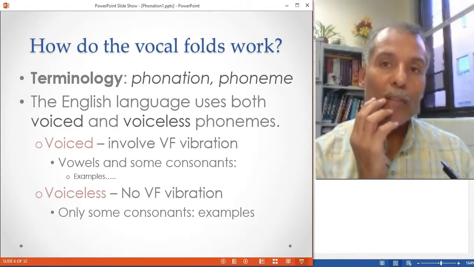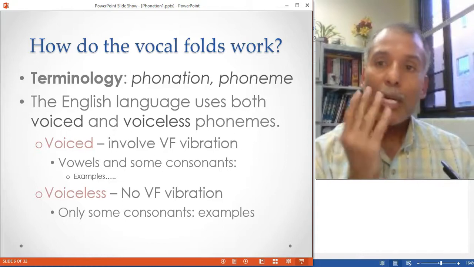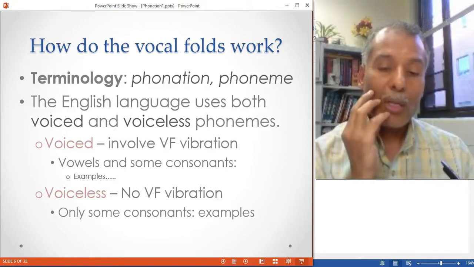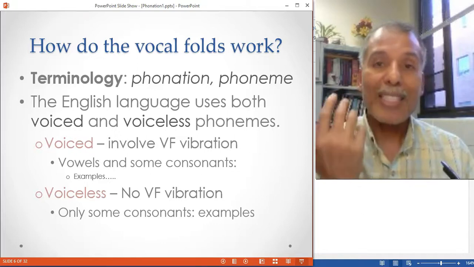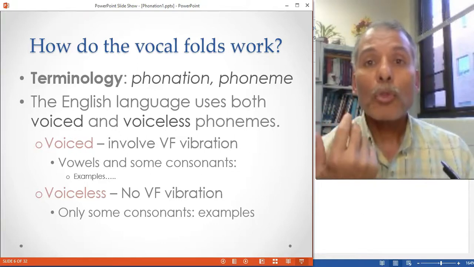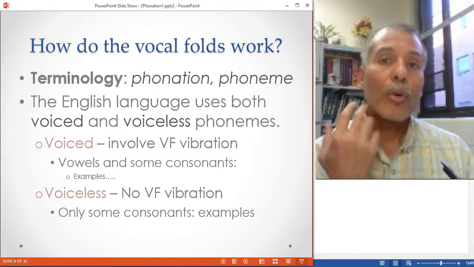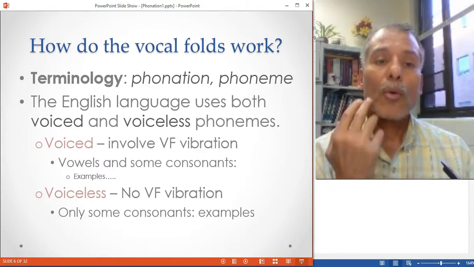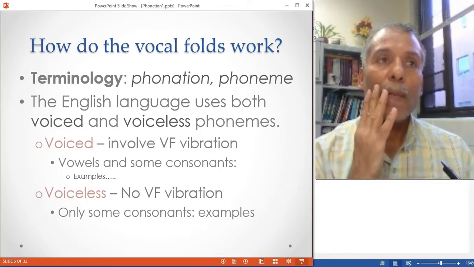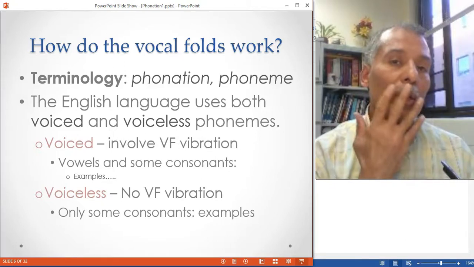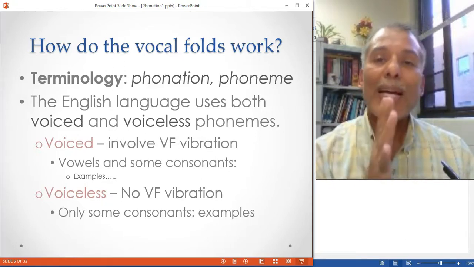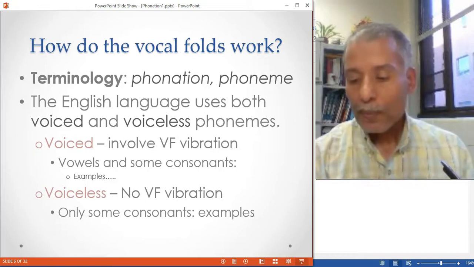Somewhere in the oral cavity you have a noise, but the oral cavity doesn't make pure tones. The vocal folds make a pure tone. So with s, there's no vocal fold vibration in the vocal tract. That is a voiceless sound.